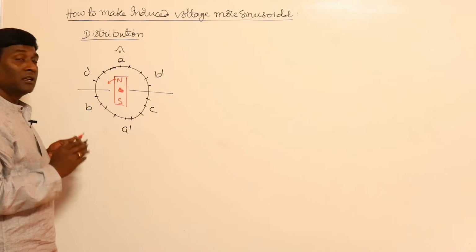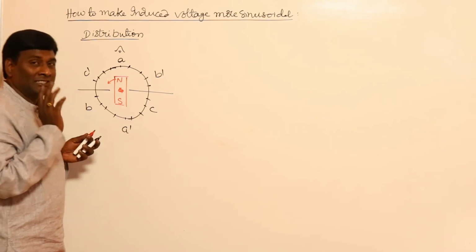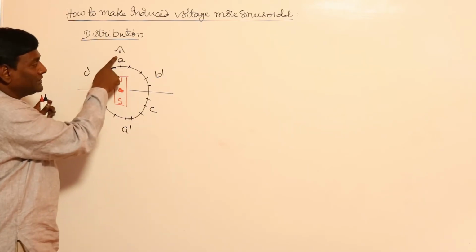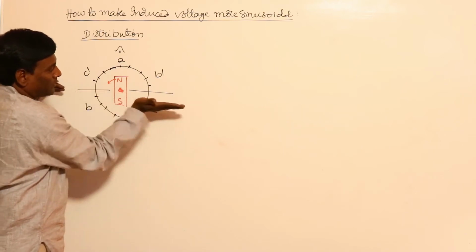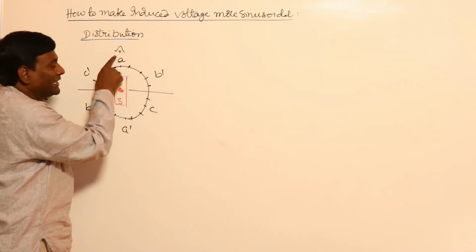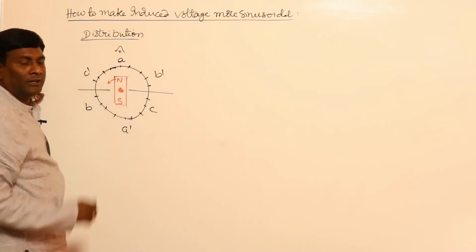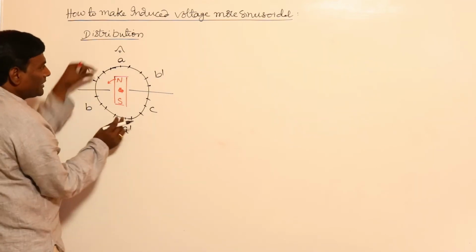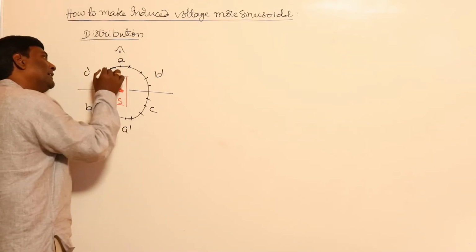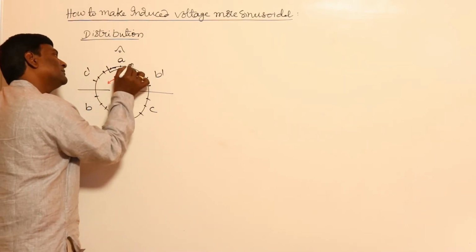Under that condition, under one pole, will all 3 phases be there or not? Yes, because per pole area, A winding will be there, B winding will be there, C winding also will be there. Now rather than keeping all A conductors here only, let me distribute the winding in 3 slots.